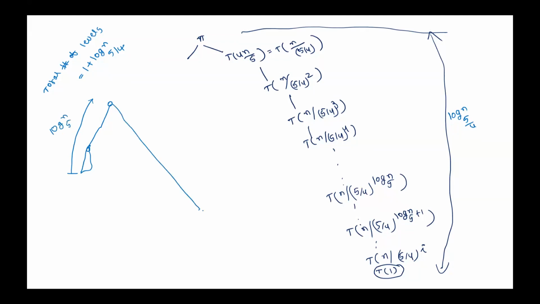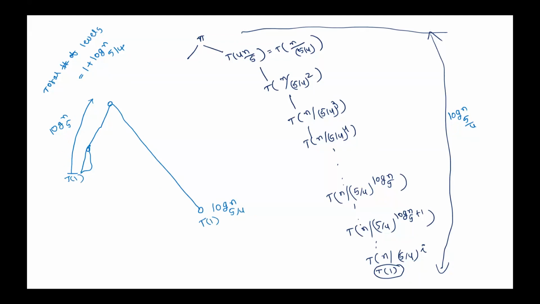The other side it stops when the height is log n base 5 by 4. Out of log n base 5 and log n base 5 by 4, which is small? Log n base 5 is small, sir. So log n base 5 is smaller than log n base 5 by 4, so here itself we will get T of 1 in this expansion.